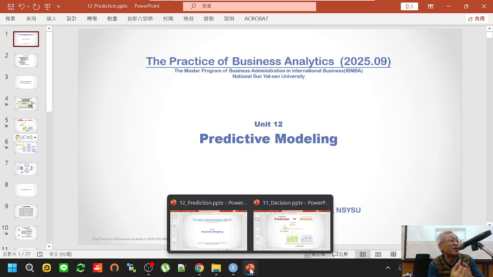But actually, when you deal with real business data, it's not so easy. As you will see, it's a pretty lengthy process before you can actually process the data and do prediction.